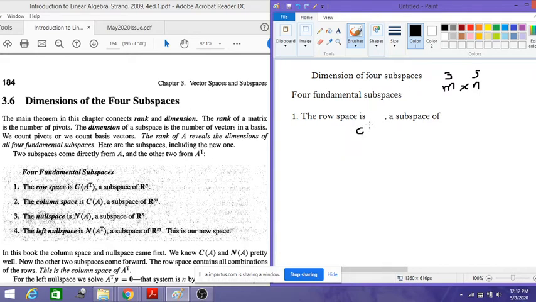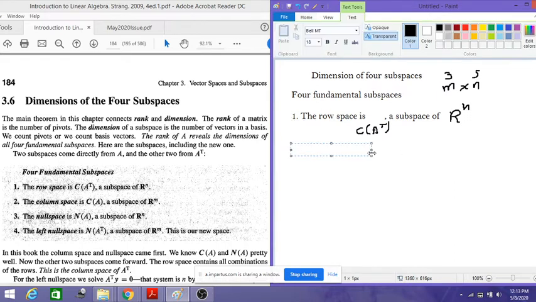We take the transpose of A, which gives the columns of the rows, and it is a subspace of R power 5 for this example. In general, we can write this as R power n, because the row space depends on the dimension n.